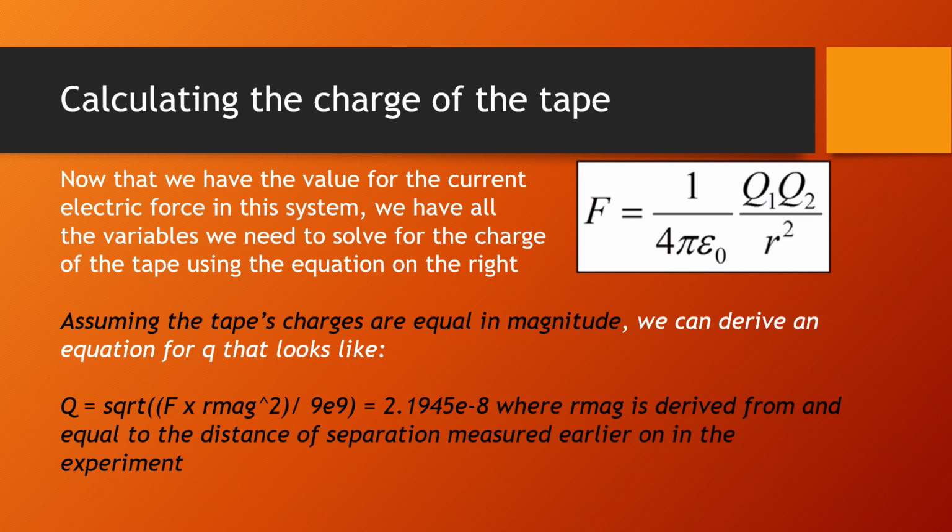Now that we know our electrical force at point B, we can use the electrical force equation in the top right of this screen to derive an equation for Q. We normally do this if we assume that both the tapes' charges are equal in magnitude, so that we can change Q1 and Q2 into Q squared. This derived equation for Q looks something like the square root of F times the magnitude of r squared divided by 9e9. This yields a total charge that falls within our range, once again proving that this experiment was a success.